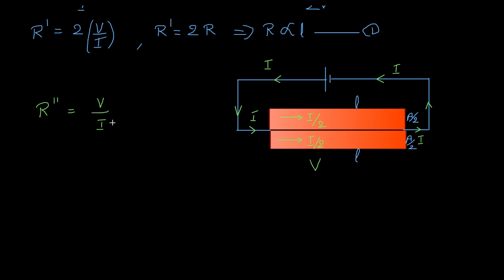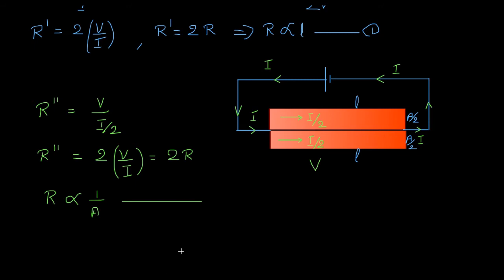We know current is I by 2, or R double dash equal to 2 times V by I, and already we know V by I is resistance R. Or as area of cross section decreases, the resistance of the conductor increases, or R is inversely proportional to area. Let this be equation number 2.